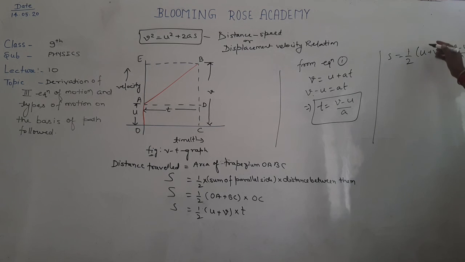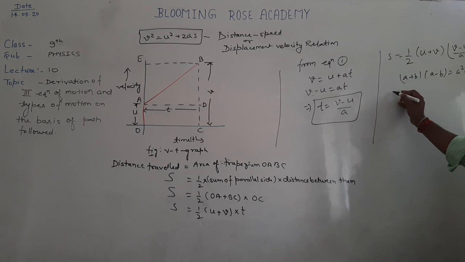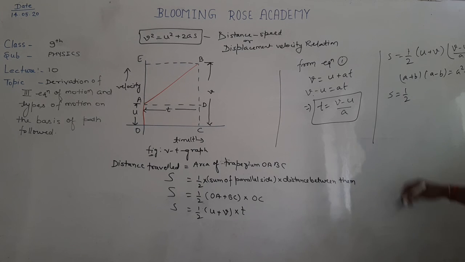This is of the form (a plus b) multiplied by (a minus b), which equals a square minus b square. So s equals 1/2 (v square minus u square) upon a.